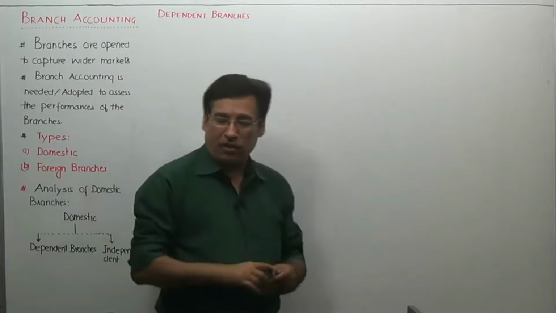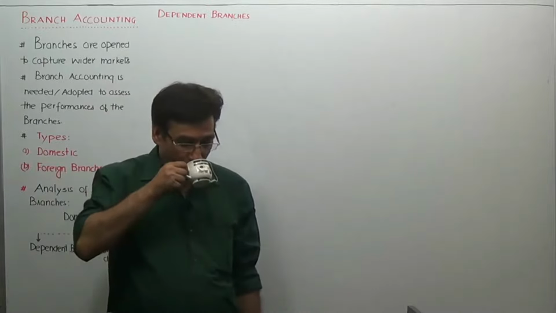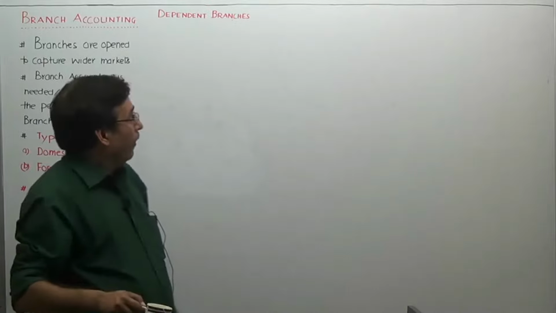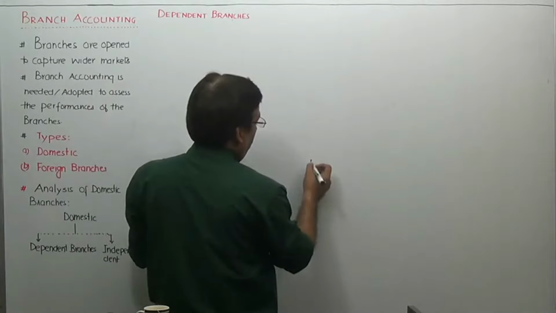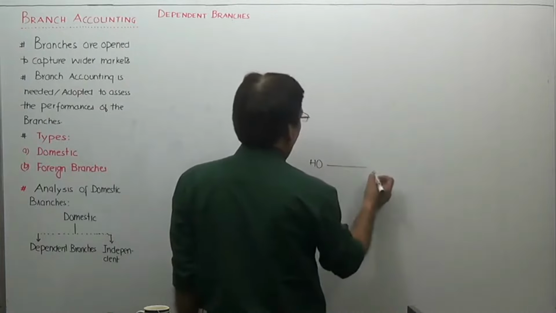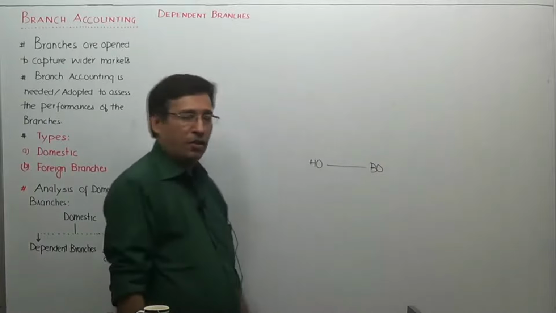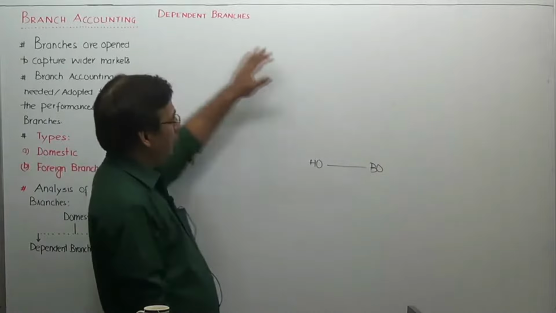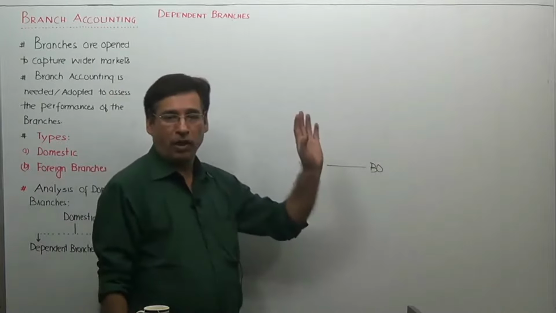The name itself suggests what we mean by dependent branches. Dependent branches are those branches which are completely dependent upon head office, no doubt about that. Dependent branches means the branch is completely and comprehensively dependent upon head office.